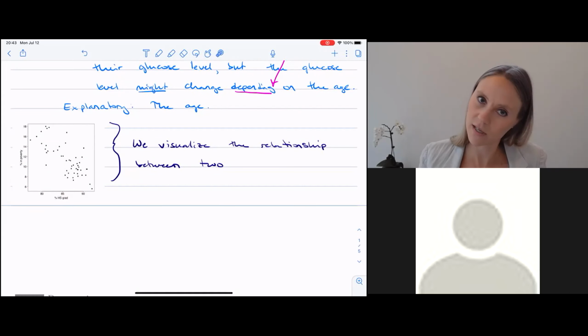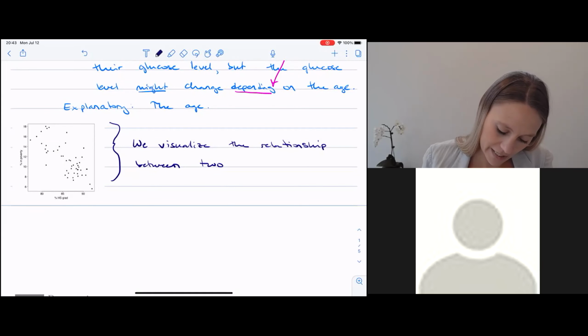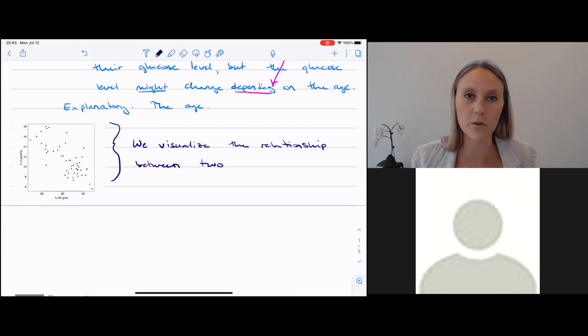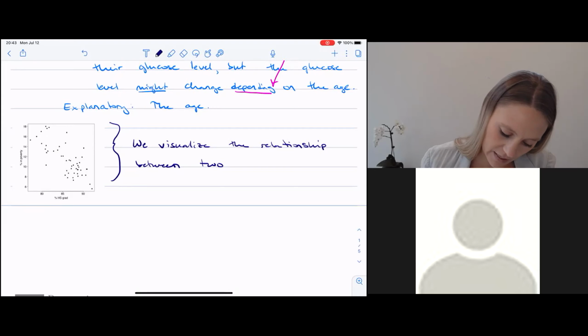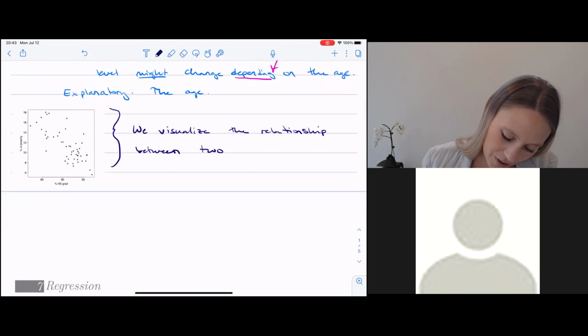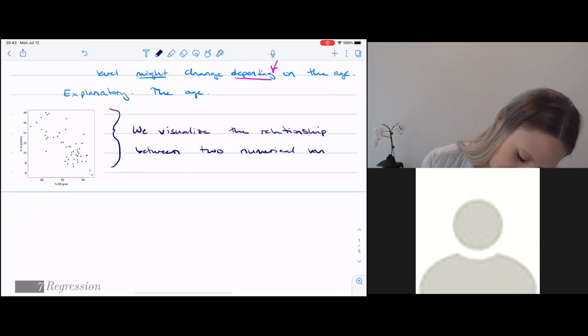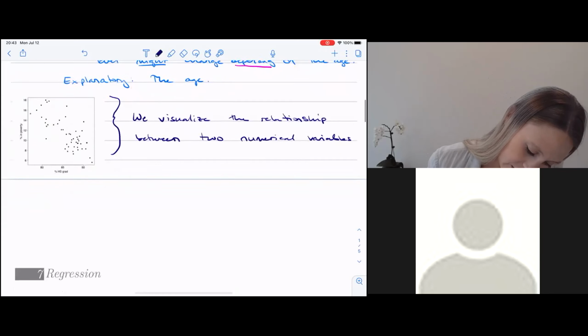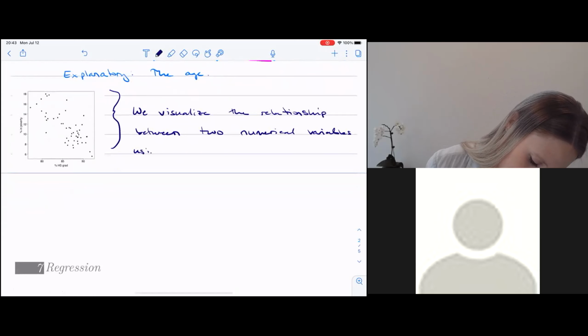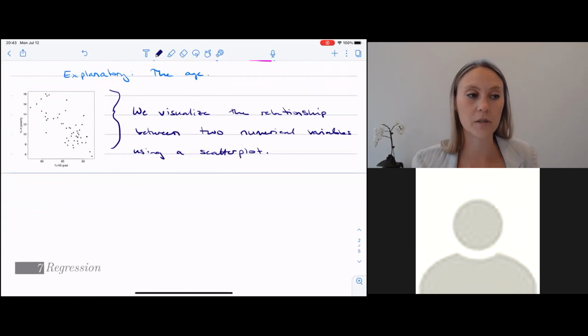We visualize the relationship between two numerical variables using a scatter plot. Okay, now I'm going to bring those notes up.